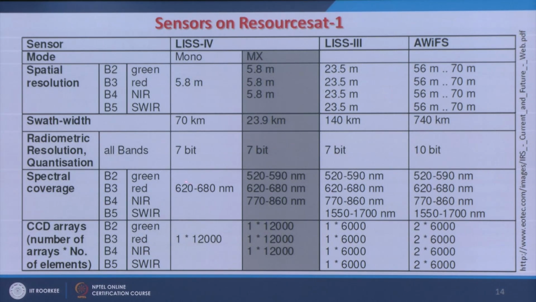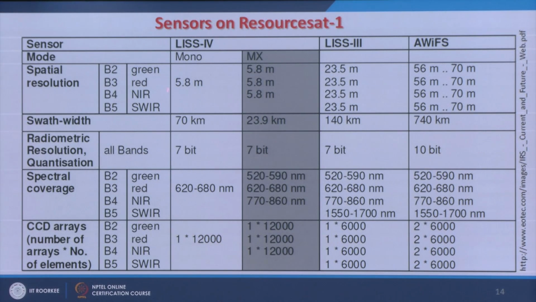And spectral coverage as well: here we had 4 channels, but of course panchromatic will have only 1, and that is almost identical in case of LISS 3 and AVHRR. And also the number of arrays in these linear sensors were different depending on the resolutions.